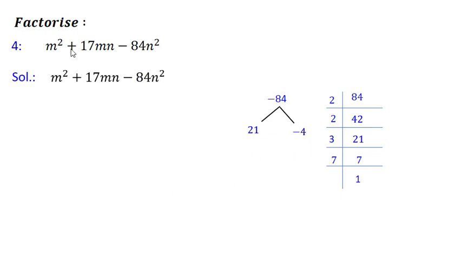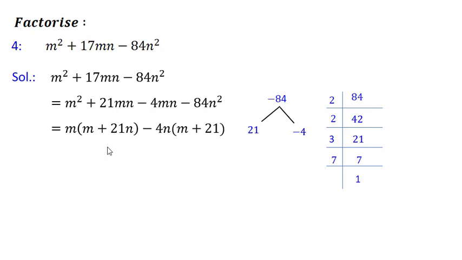Now you will write this m square plus 17mn minus 84n square as m square plus 21mn minus 4mn minus 84n square. Now from these first two terms you can take m common. So in one bracket you have m, in the other bracket you have m plus 21n. Minus 4n you can take common, again you have m plus 21n.